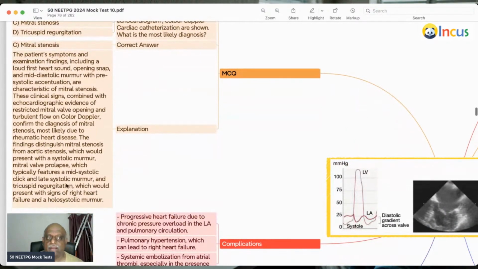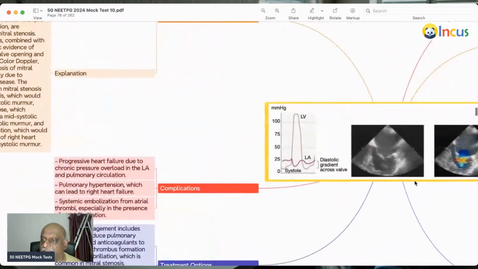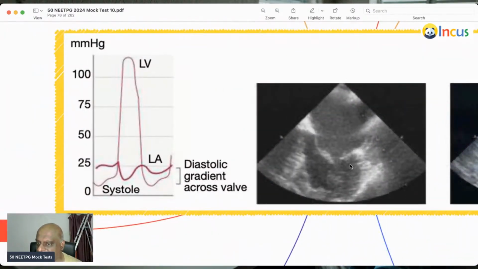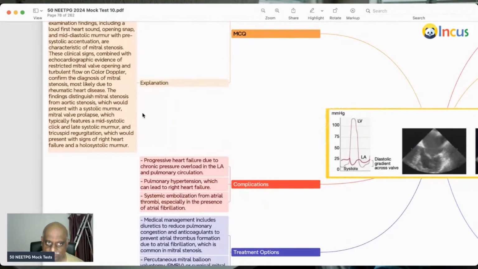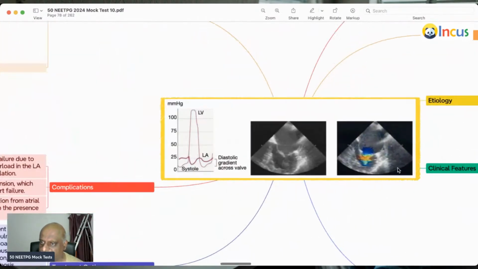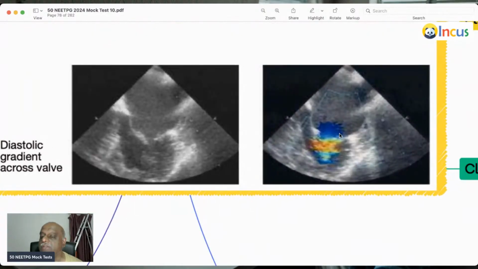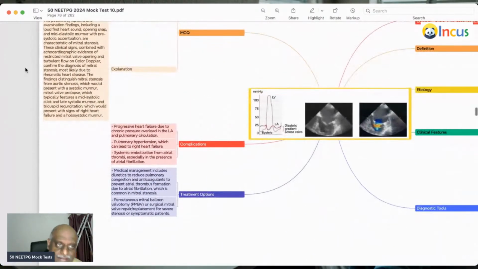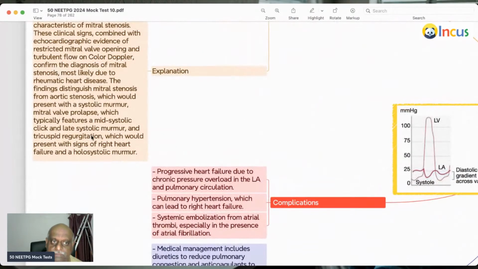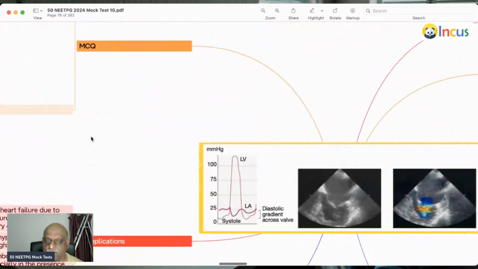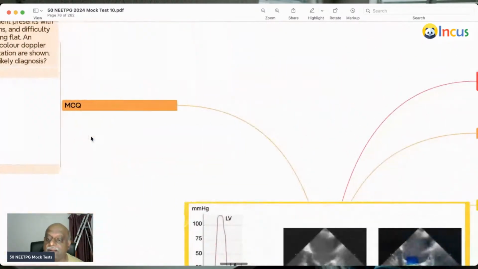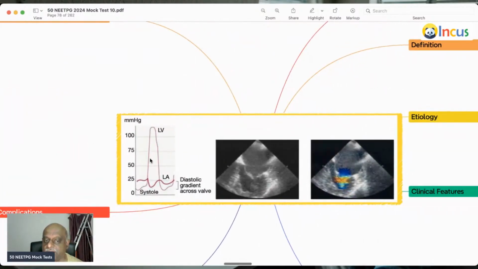You should remember, echocardiography is showing restricted mitral valve movement, right? And there is turbulent flow across the mitral valve on color Doppler, which is very much suggestive of mitral stenosis, which is what you need to remember.